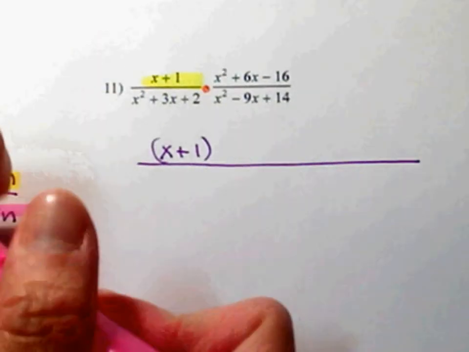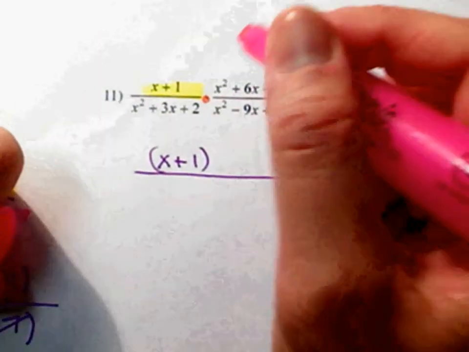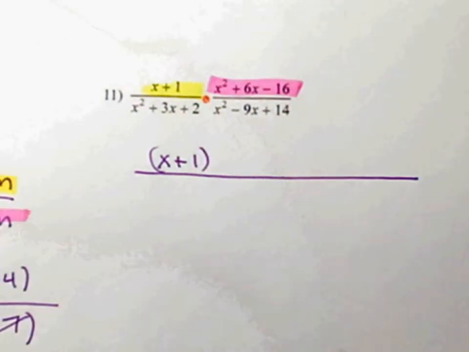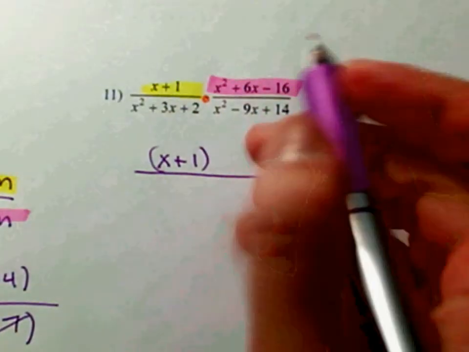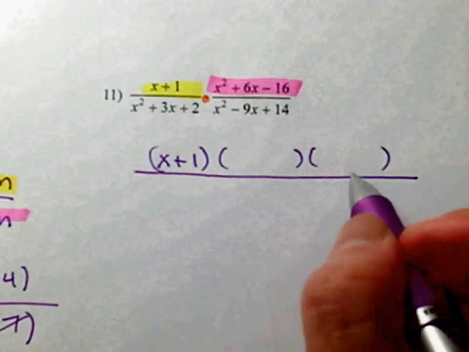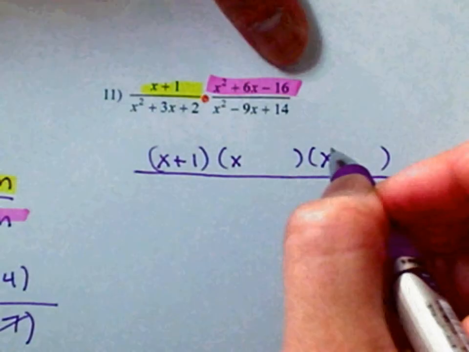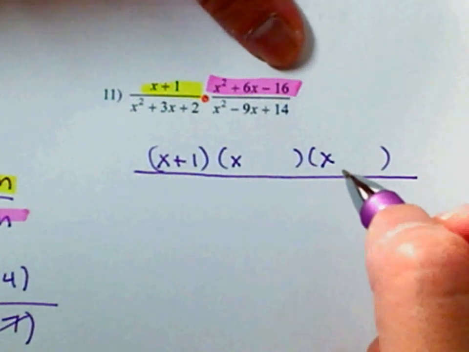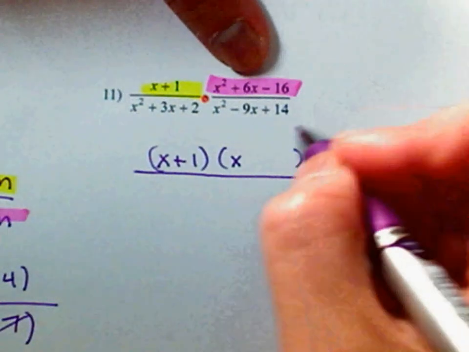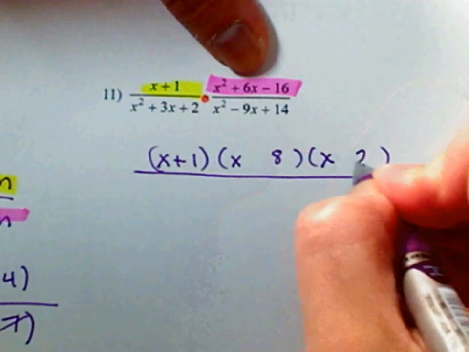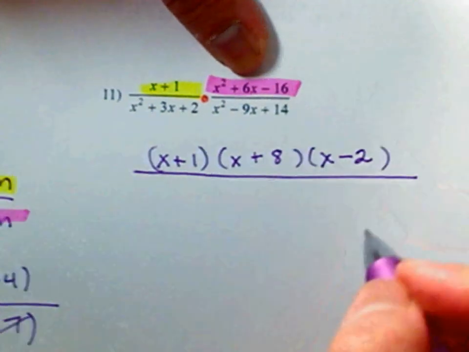You have a quadratic. Factor that one. 2 sets of parentheses. Factors of x squared, x and x. 2 numbers multiplied to give you negative 16, and it's going to subtract to give you 6. 8 and 2, plus, minus. Plus 8x minus 2x is positive 6x.